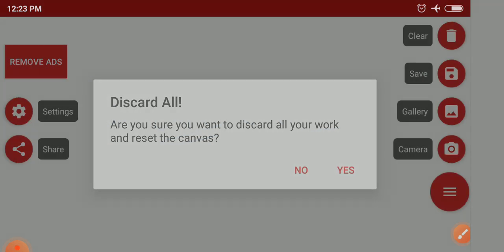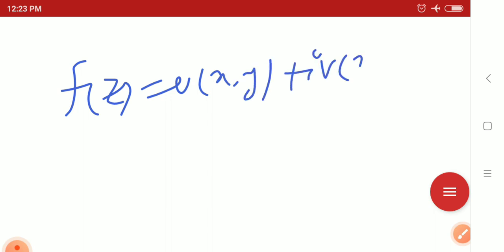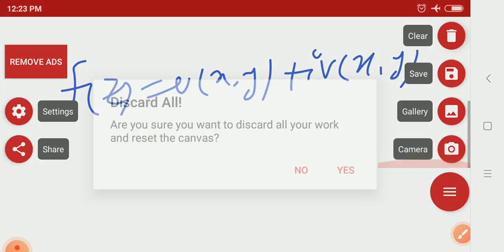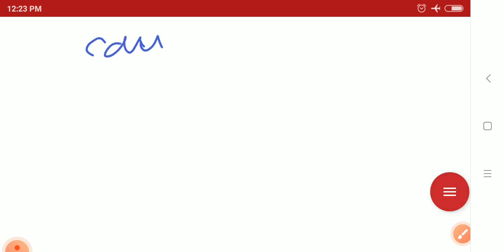Let me write it clearly: f of z equals u of x y plus iota v of x y. Then the main property for it to be analytic is the Cauchy-Riemann equations. What are those equations? Let me write them on a clear page.